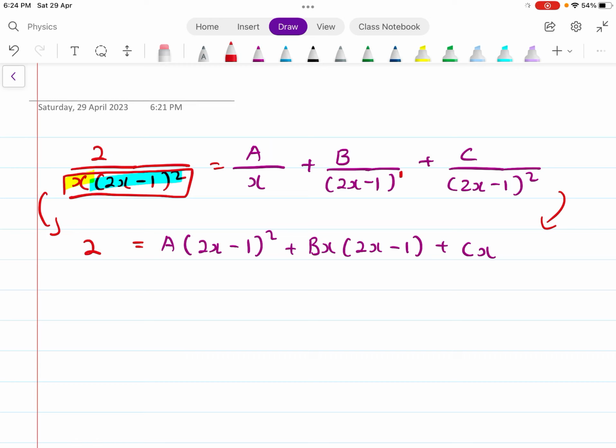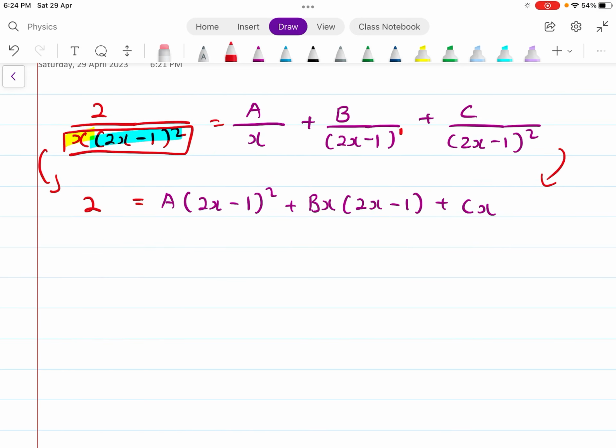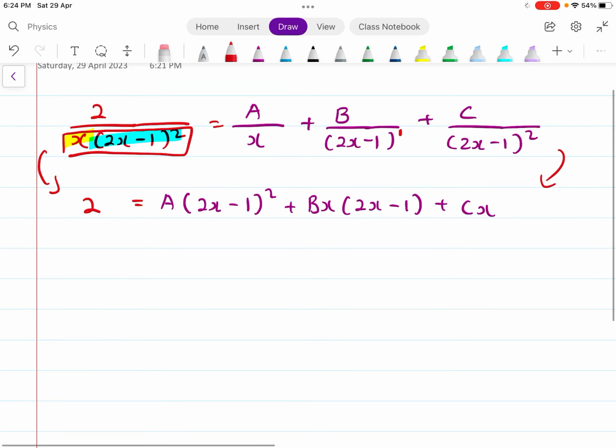After you reach here, you simply just do your substitution. Of course, you can use the comparing of coefficients, but that one is a bit confusing, so you just need to do this. For example, I want to find my C first, so I simply sub in x equal to half. Why do I sub x equal to half? Because if I sub x equal to half into here and here, the whole thing will become 0.